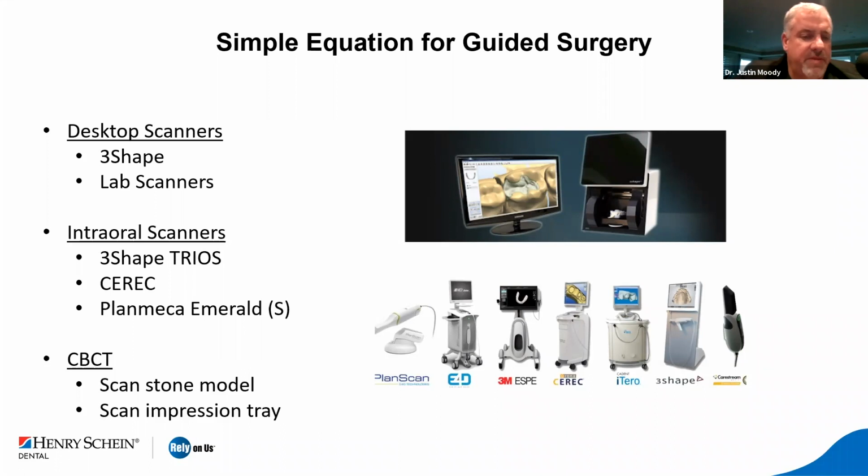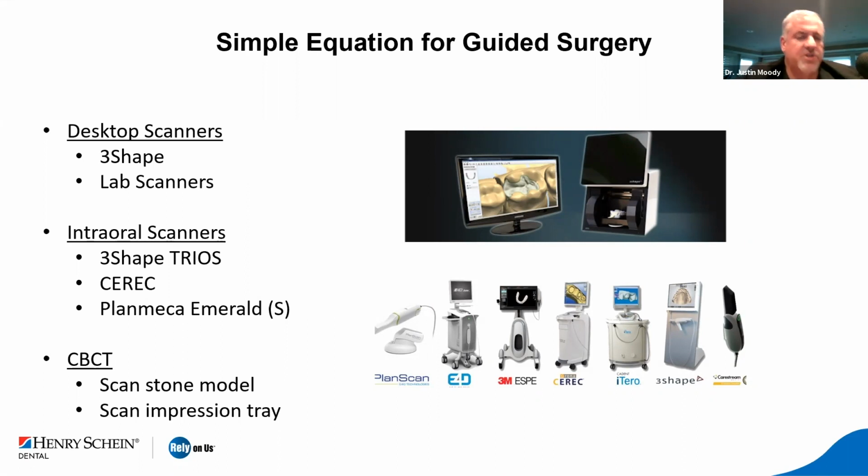There are some ConeBeam CT machines that will actually create an STL file from scanning a stone model itself, or even scanning an impression tray. I've had mixed results with that, and I literally prefer an intraoral scanner. Now, if you don't have one, a desktop scanner is fine. But I find if you don't have an intraoral scanner, you're probably not going to have a desktop scanner anyway.